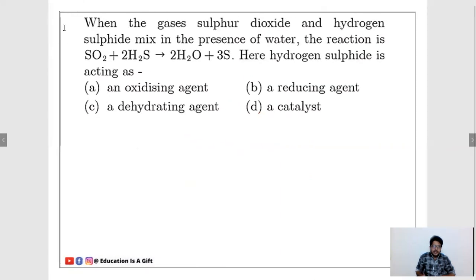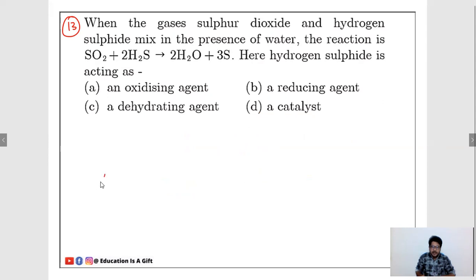Next, coming to the 13th question. When the gases sulfur dioxide and hydrogen sulfide mix in the presence of water, the reaction is SO2 plus 2H2S gives rise to 2H2O plus 3S. Here, hydrogen sulfide is acting as what?